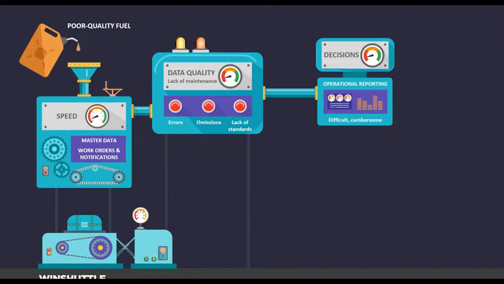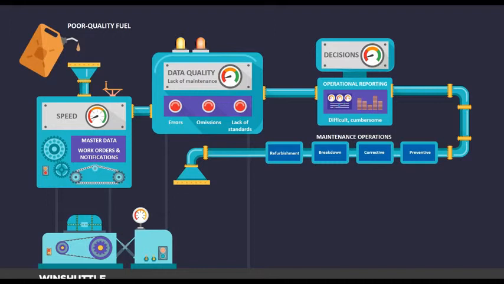Another area that can be really slow and cumbersome is getting the day-to-day operational data that your team needs to make good decisions. Without the right tools, this can mean going through several SAP screens, and it can take a really long time.